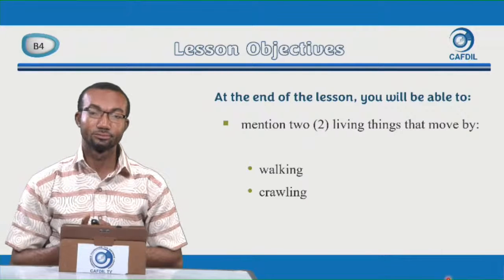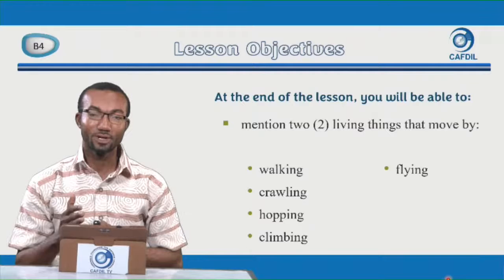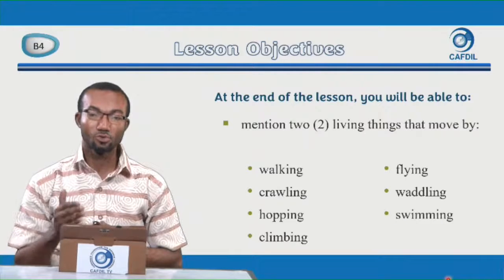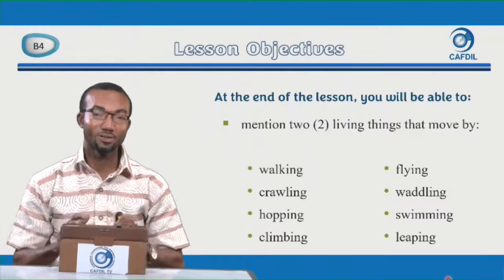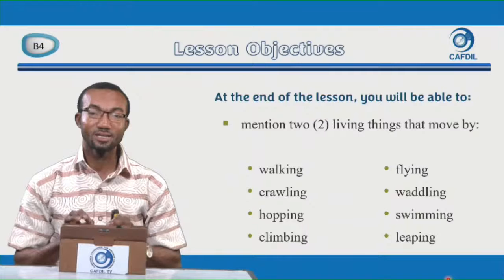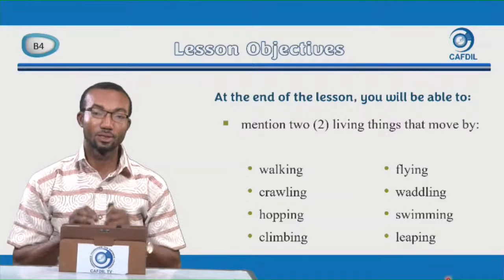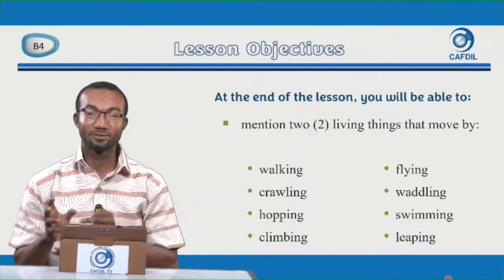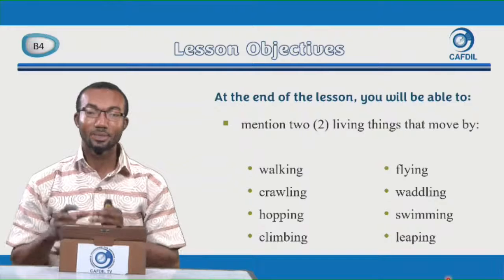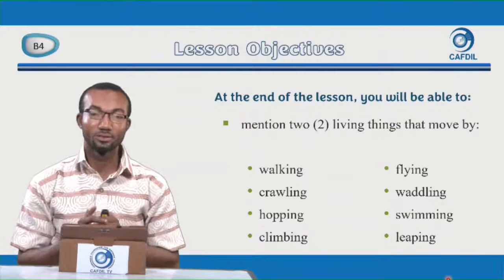Crawling, hopping, climbing, flying, waddling, swimming, leaping. So at the end of the lesson, you'll be able to mention at least 2 living things that move by walking, by crawling, by hopping, by climbing, by flying, by waddling, by swimming, and by leaping.